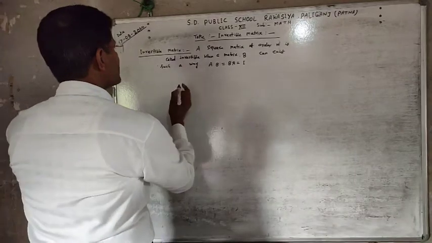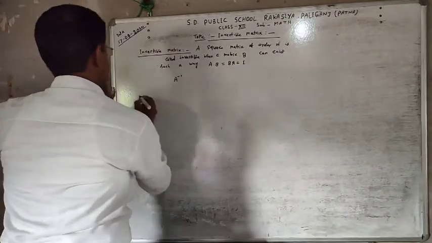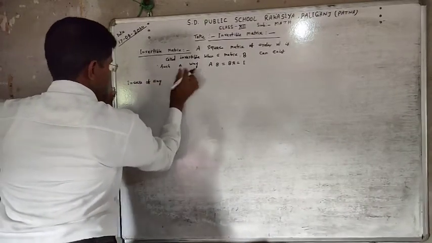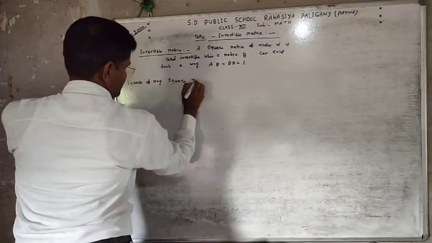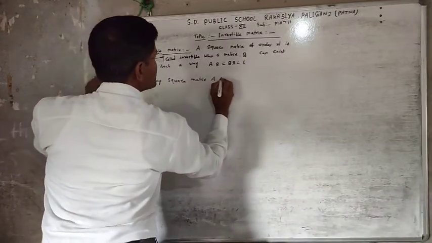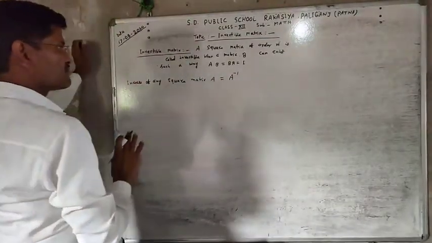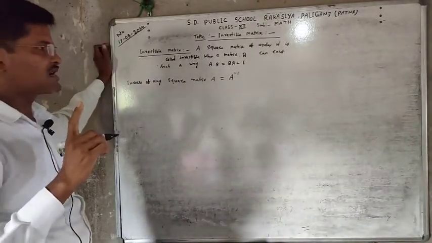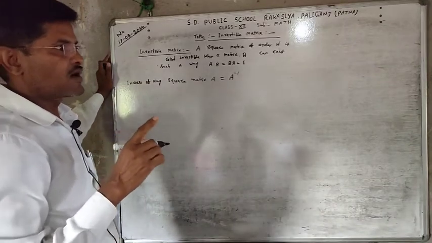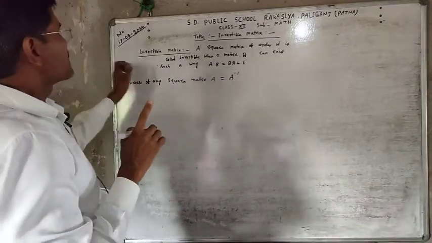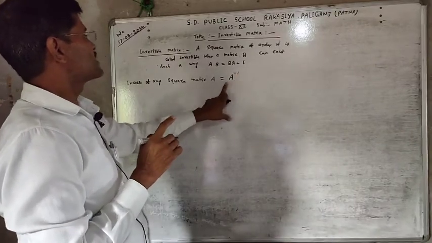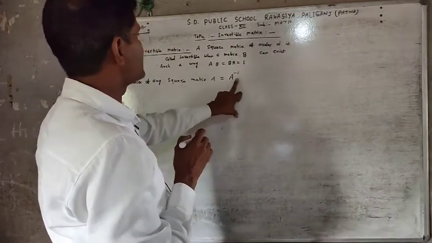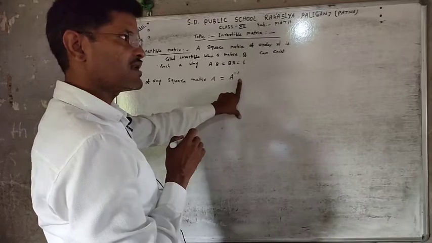The inverse of any square matrix A is denoted by A to the power minus 1, meaning A inverse. In trigonometry, we have read the inverse trigonometric functions. Similarly, a matrix can be invertible and its inverse can exist, denoted by A to the power minus 1.